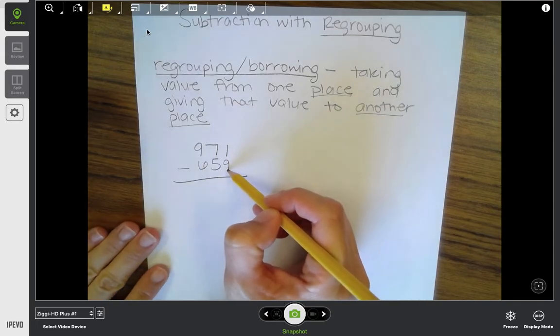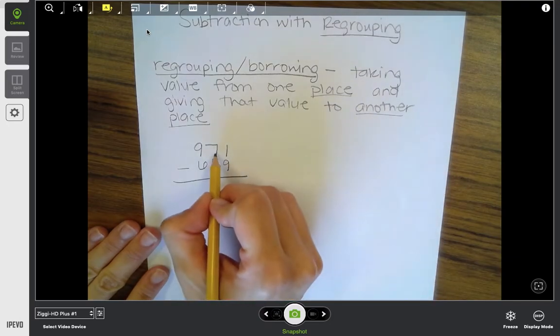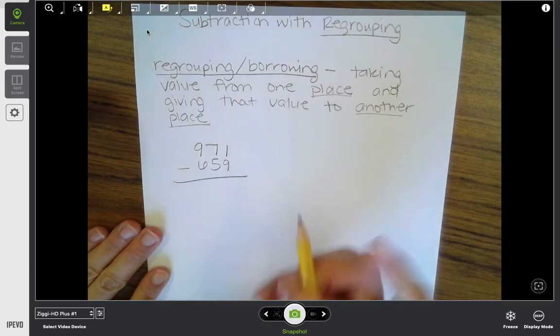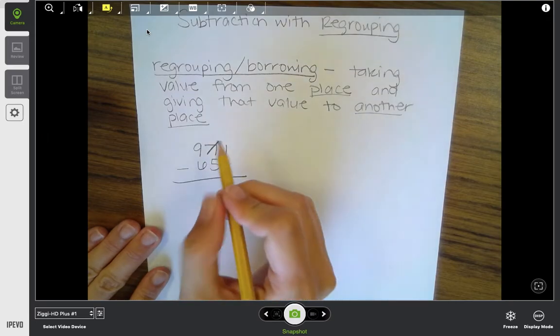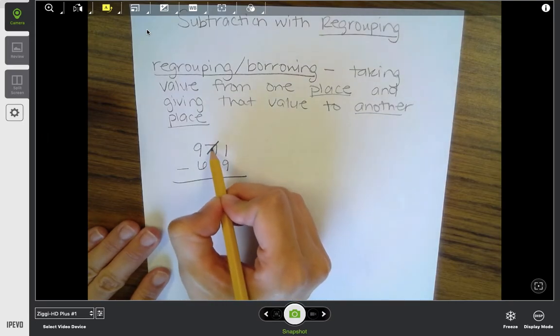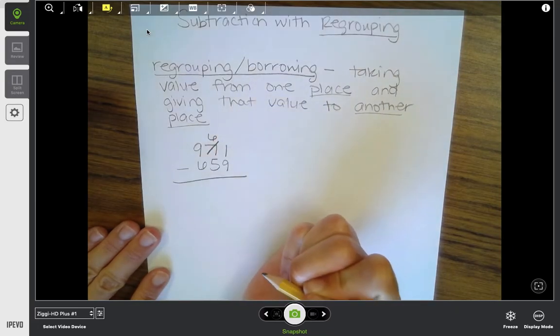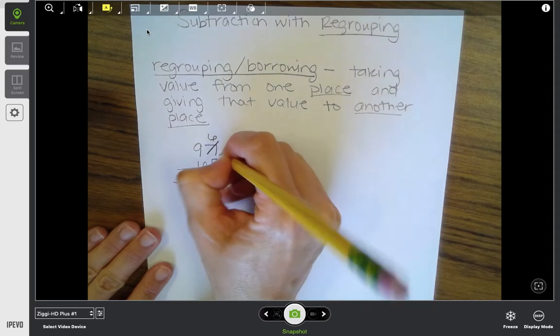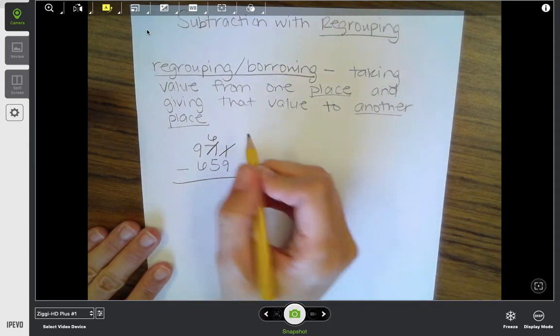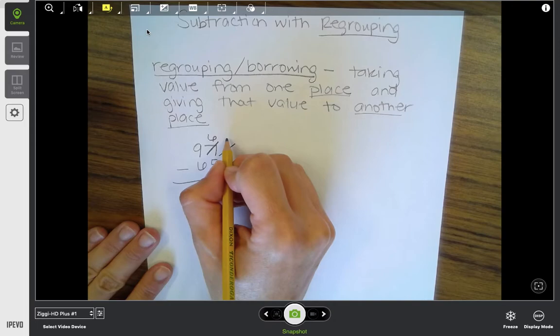So I can go over here to my 7, which is in the tens place, and I can take a 10 away from this. If I take a 10 away from this 7, I would be left with 6 tens. Then I can mark out this 1 and I can add that 10 that I borrowed to it.